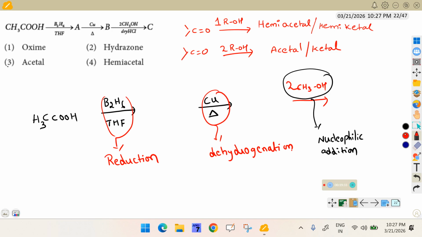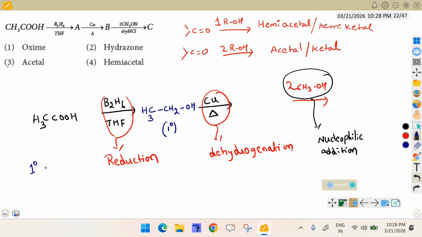CH3COOH reacts with B2H6. Reduction takes place with B2H6. If the reactant is a carboxylic acid, reduction takes place and it gives alcohol. The alcohol is CH3CH2OH. Which type of alcohol is this? 1 degree alcohol.